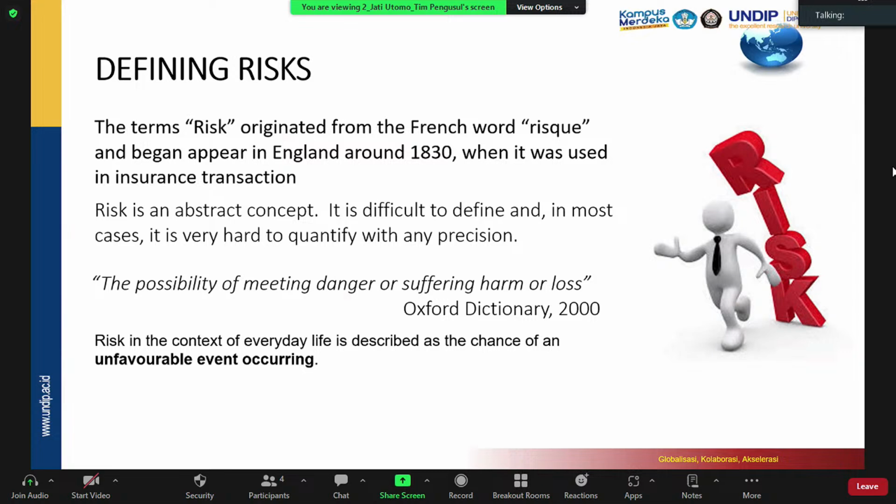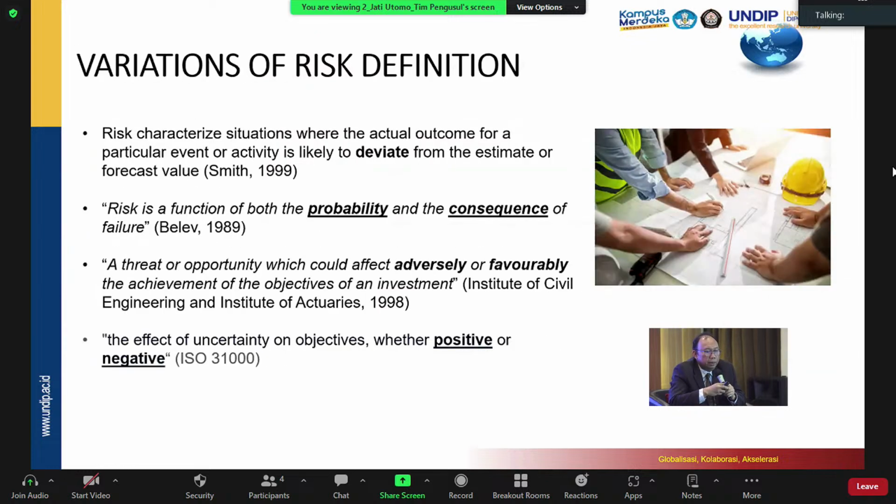So in general, in the context of everyday life, risk is described as a chance of unfavorable events that might happen. And there are many variations of risk definition. I quote some of them here.